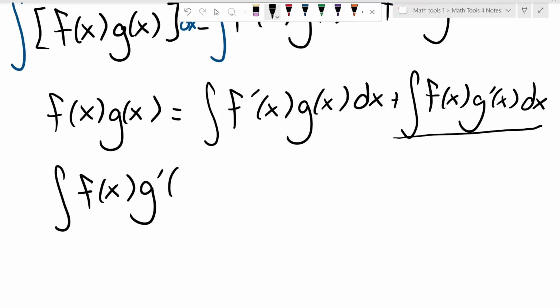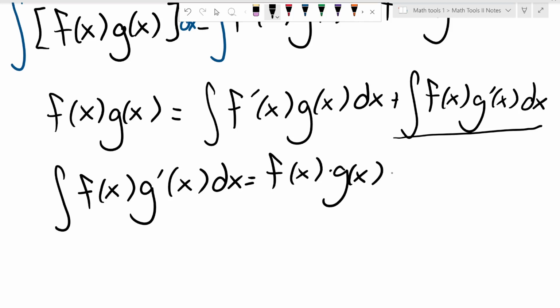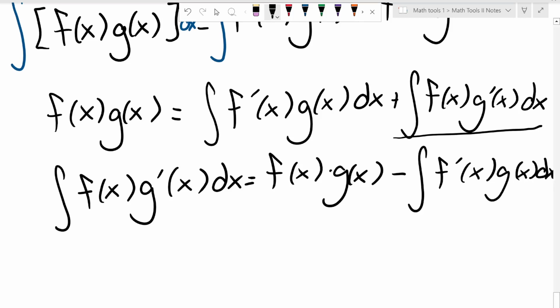Okay, so we have the integral of f of x times g prime of x dx is equal to f of x times g of x minus the integral of f prime of x times g of x dx.